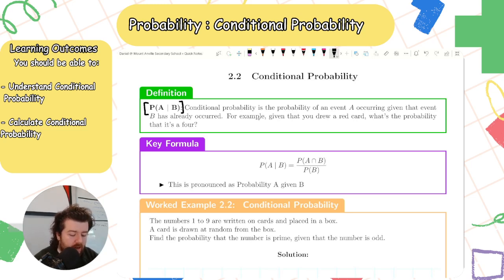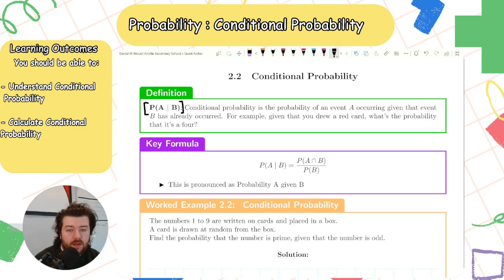So conditional probability is the probability of event A occurring given that event B has already occurred. For example, given that you drew a red card, what is the probability that it's a 4? So what's the probability it's a 4 given that it's red? I pulled out a card and told you it's a red card. What's the probability?